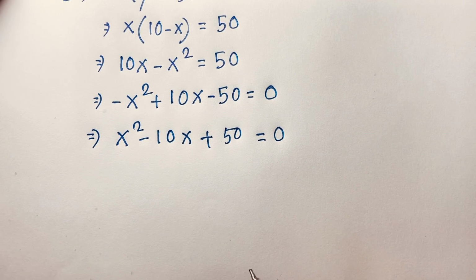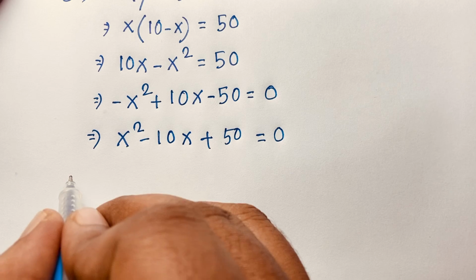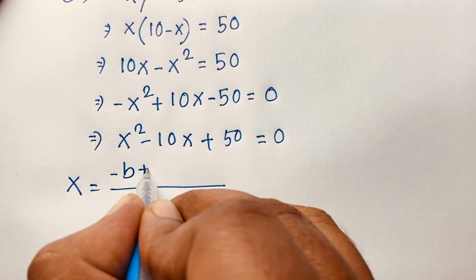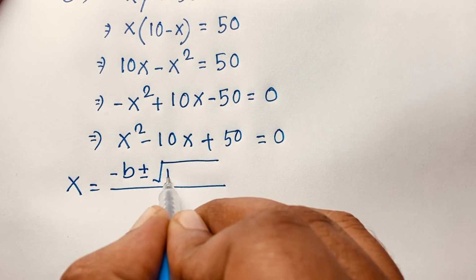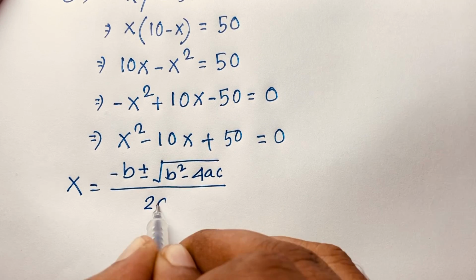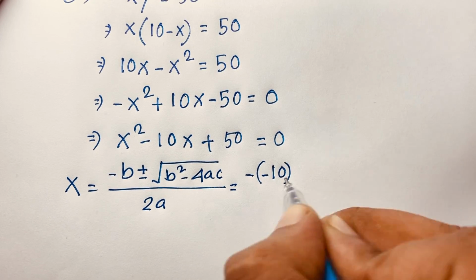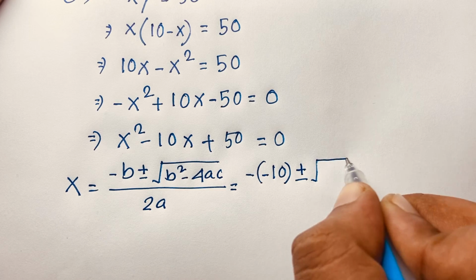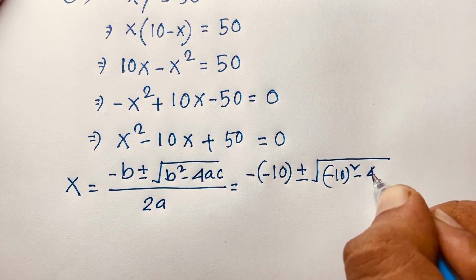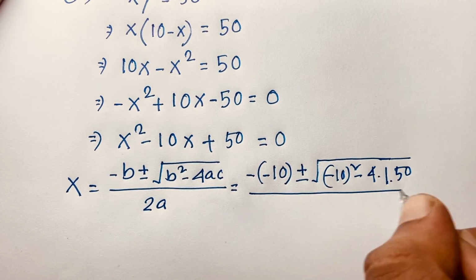Now you can see here a is equal to 1, b is equal to negative 10, and c is equal to 50. So it will be x is equal to minus b plus minus square root of b square minus 4ac, over 2a. Then you can see the minus b will be minus negative 10, plus minus square root of negative 10 square minus 4ac, where a is 1 and c is 50, over 2a.